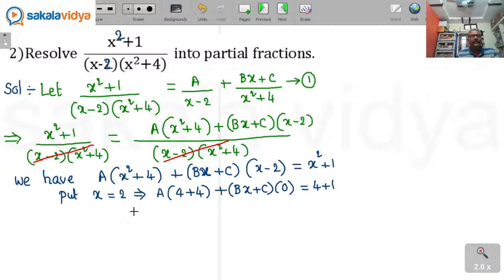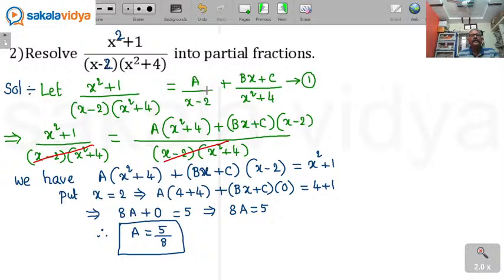Am I correct? So this can be written as 4 plus 4, 8. 8A plus Bx plus C times 0 equals 5. 8A equals 5. Therefore, A equals 5 upon 8.